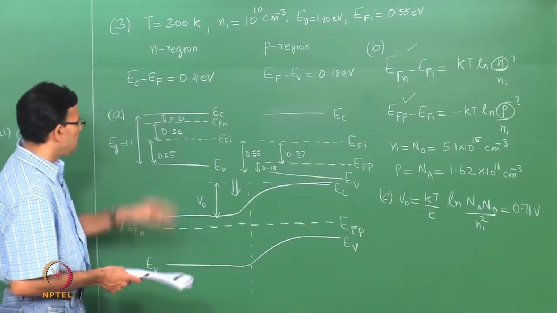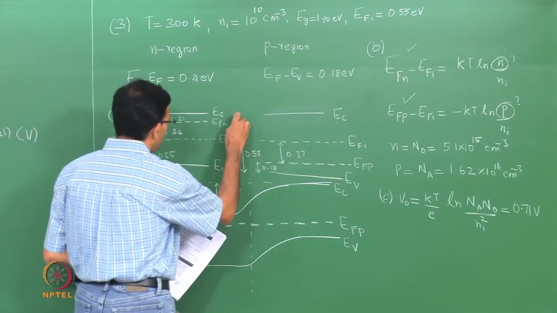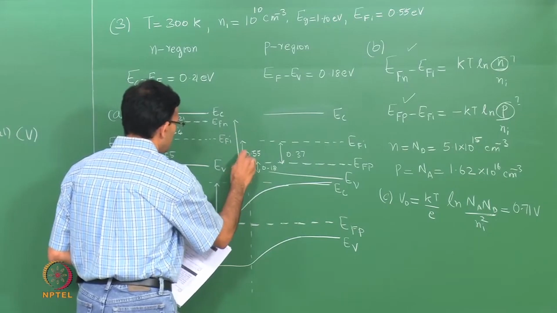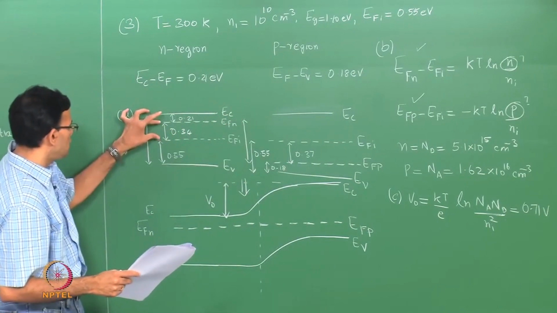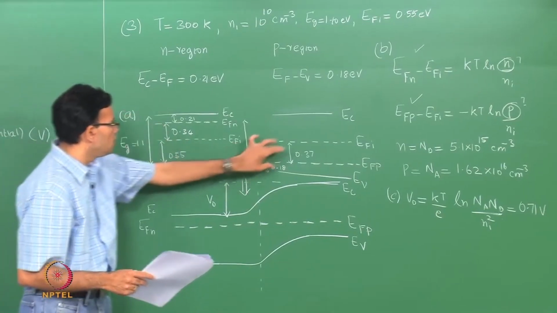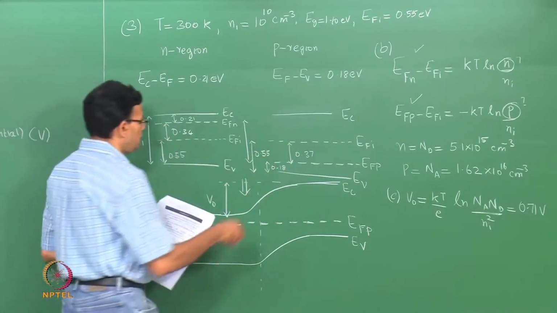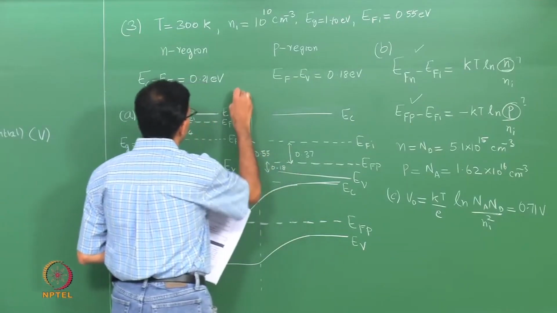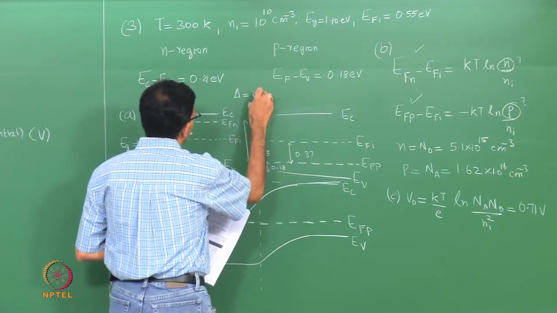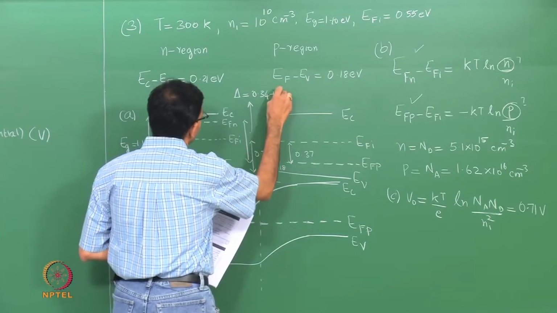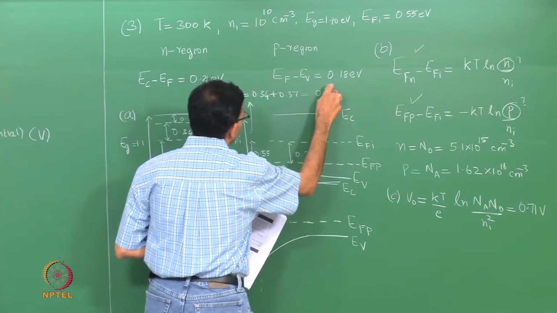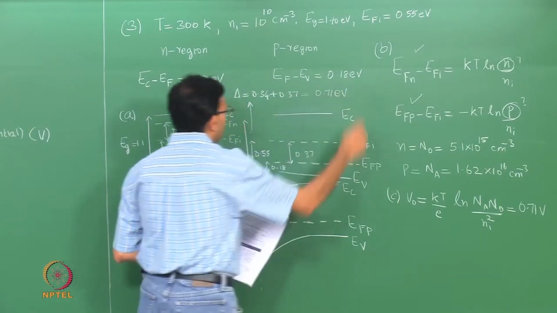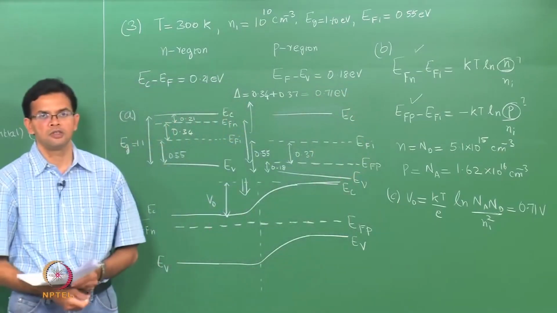We can also calculate the built in potential by looking at the energy band diagram. So, in this particular case, the distance between EFN and EFP, this distance is essentially 0.34 plus 0.37. So, this distance delta is 0.34 plus 0.37, which is 0.71 electron volts.